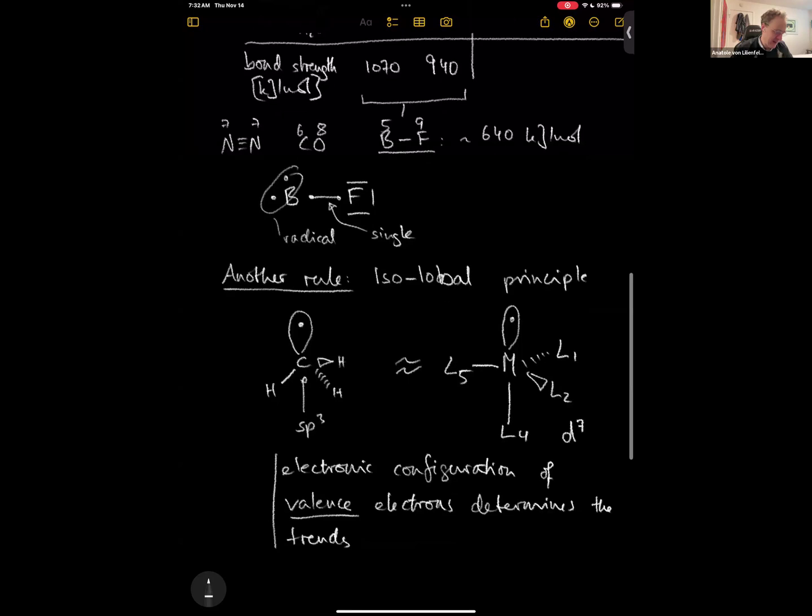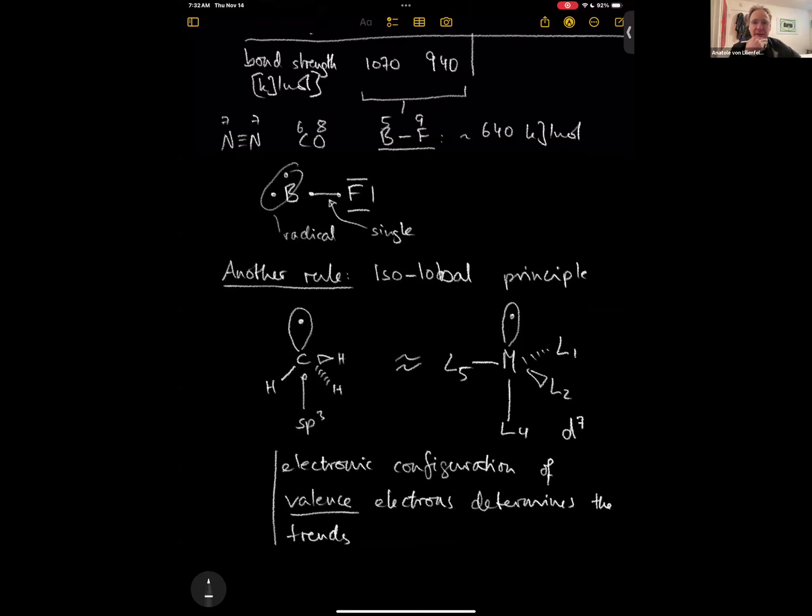So it does not necessarily mean that the bonding strength, for instance, is very similar, but you might be able to expect similar geometries, so similar reactivity, and again the trends to behave similarly, right?